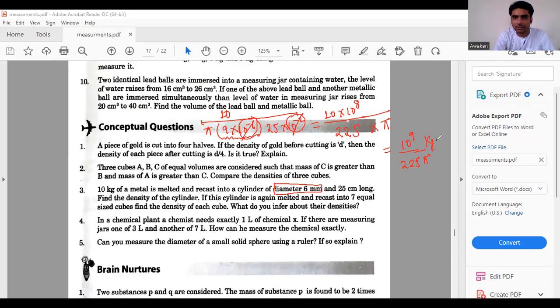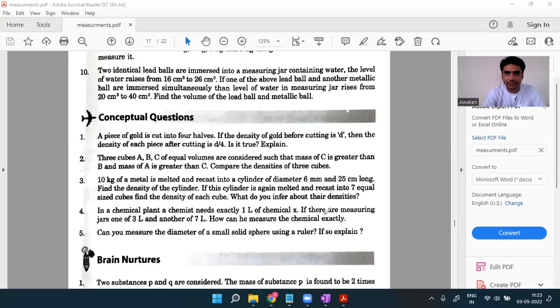So can you explain again how that 10 to the power minus 6 and 10 to the power minus 2 combine? Okay, wait, I will share my screen. It's still visible, right?